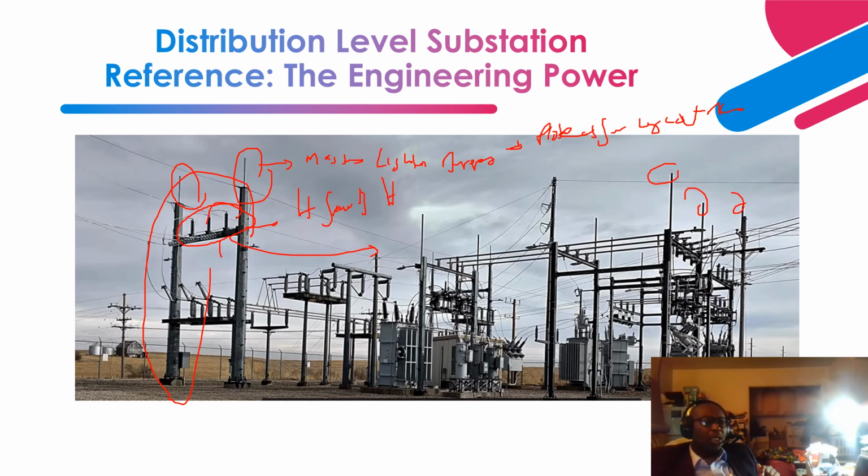Okay, so there is a difference between a lightning arrestor and a surge arrestor, and let me explain the reason why. A lot of people get it confused, and sometimes utilize the same word for both. So this one is a surge arrestor.